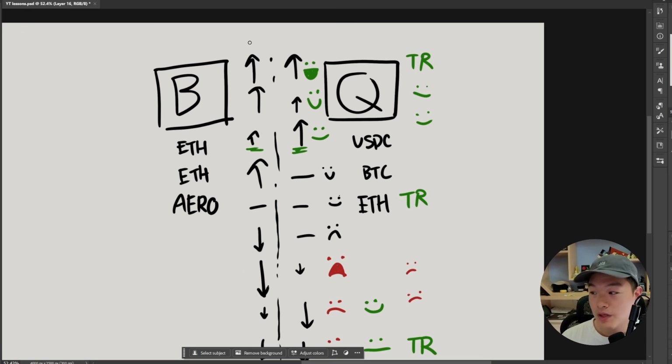So just to do a quick recap on how to make a more consistent profit from LPing, the first is making sure that you're selecting assets that are likely to trend up in value, right? And this, again, is the most ideal scenario where prices are going up together. But a lot of times, the more realistic scenario is that prices swing back and forth between all of these scenarios, right?